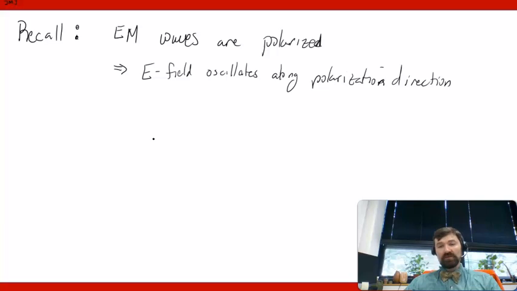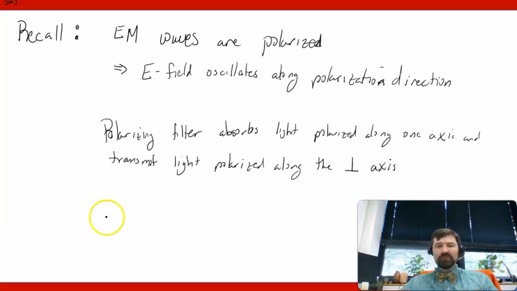You also need to know that we have polarizing filters, Polaroids basically, which absorb light which has polarization along one direction and transmit it when it's polarized along the perpendicular direction.